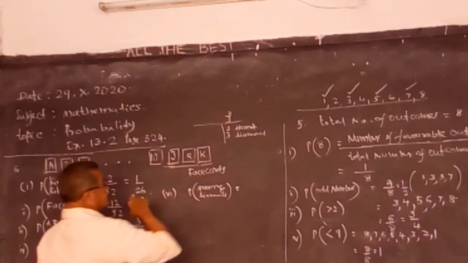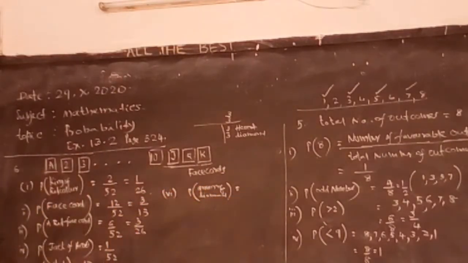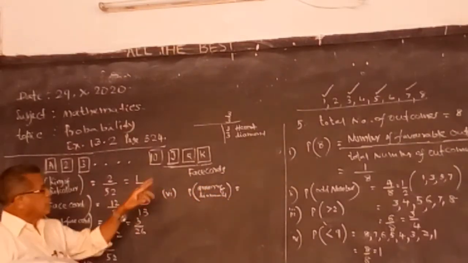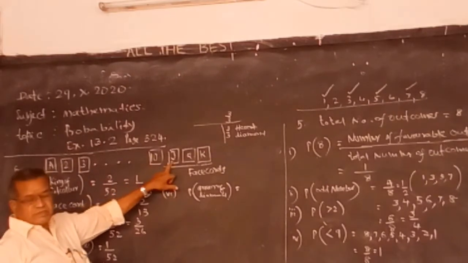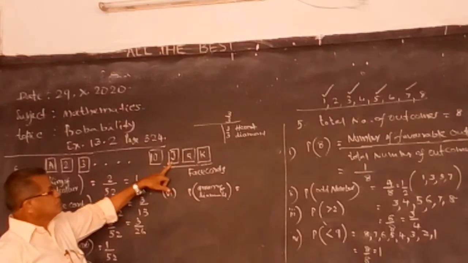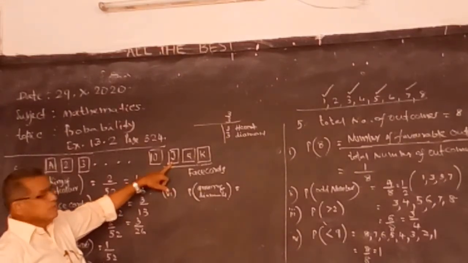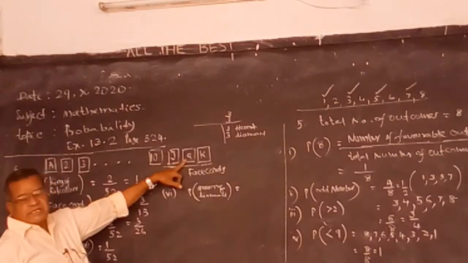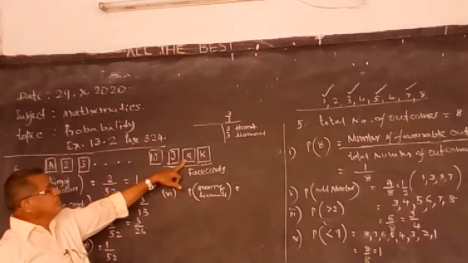In every type, one jack in club, one jack in spade, one jack in heart, one jack in diamond. Similarly, each one card from club, spade, heart, diamond.